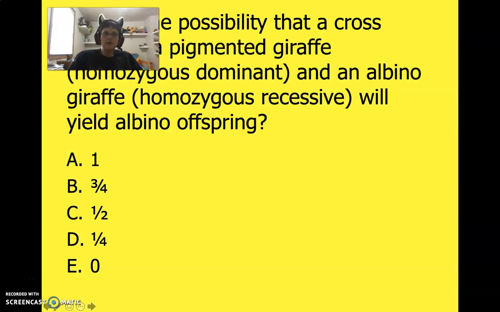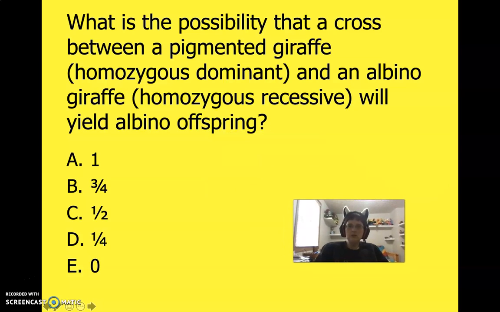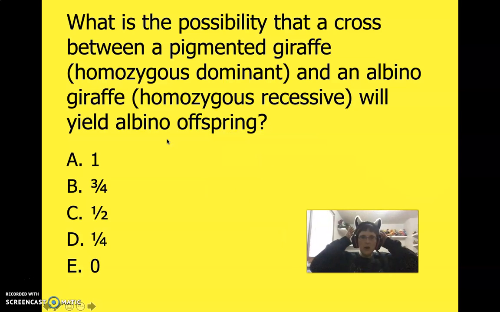All right, so this is one for you to try. What is the possibility that a cross between the pigmented giraffe, homozygous dominant, and an albino giraffe, homozygous recessive, will yield an albino offspring? So that's for you to try. If you need the answer, you can always shoot me an email.